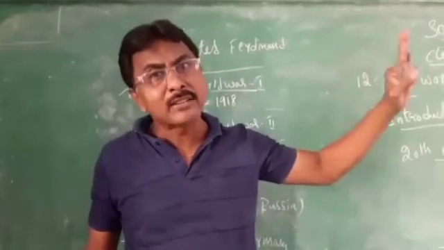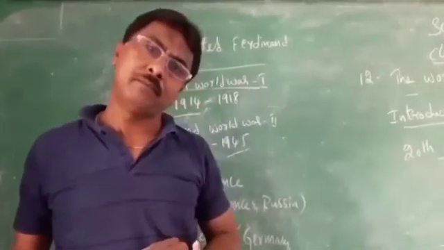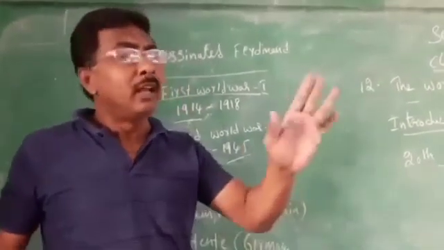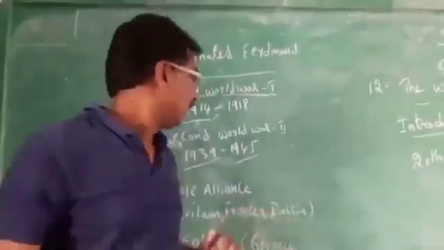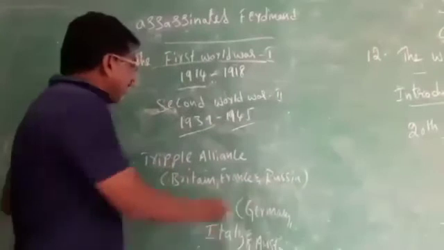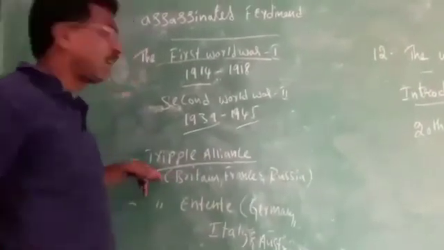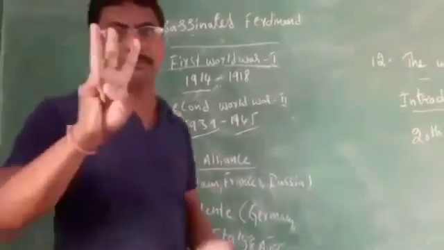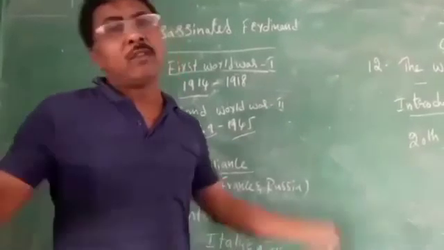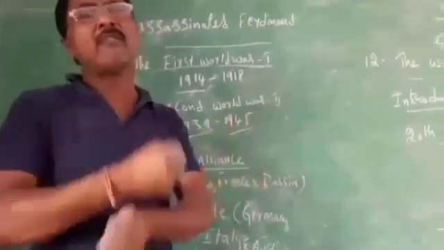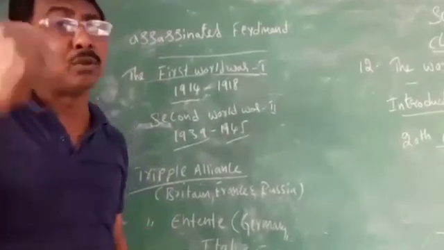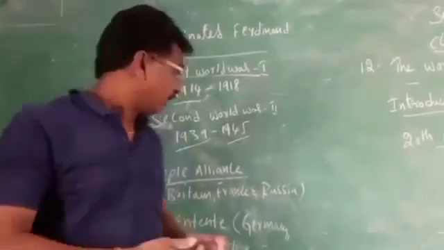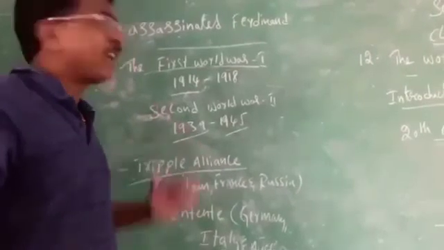England, France, Russia. Listen, England, France, Russia, they are the main ones. That is called the triple alliance. They made one triple alliance of countries. Triple means three. First they all became friends. The triple alliance means England, France, Russia.